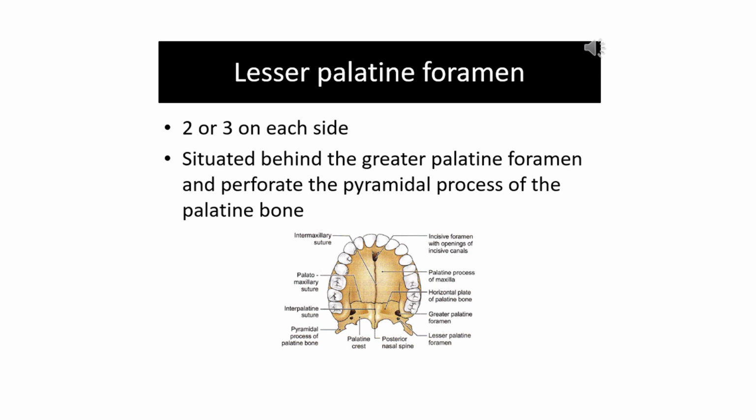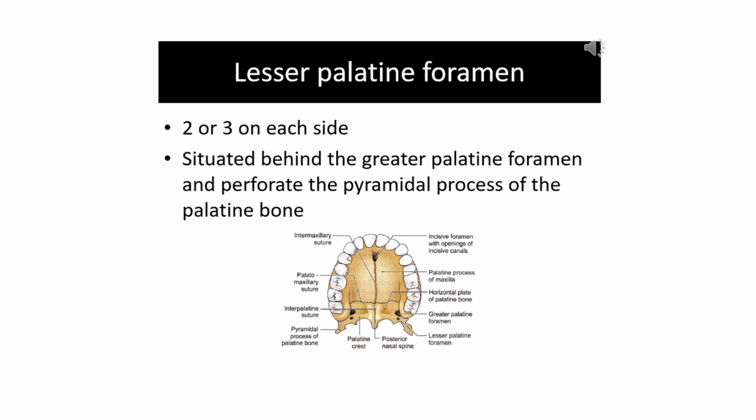As we know the elder brother, we can know the younger brother as well. Just joking. So what is the position of the lesser palatine foramen? The lesser palatine foramen is always situated behind the greater palatine foramen, and there could be 2 or 3 on each side. In the given diagram we can see the position of the greater palatine foramen, and behind it the lesser palatine foramen.